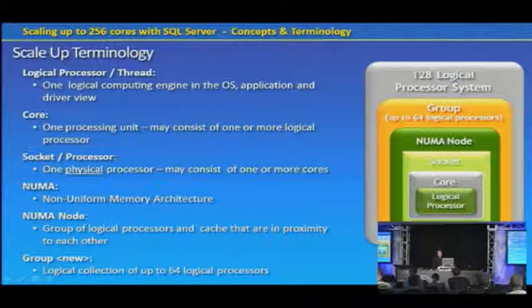A NUMA node. I already talked about this a little bit, but it is one of the fundamental enhancements and places that we have been working, really since 2005, in order to get big scale on a Superdome, and then these days to get big scale on a 2-socket system, because everything is becoming more and more non-uniform.